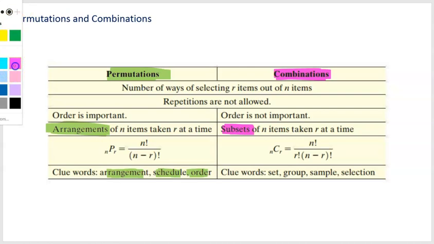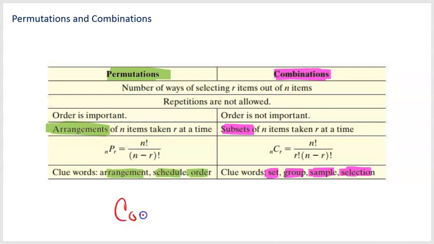For combinations, keywords are a set, a group, a sample, or a selection. And Sonia wanted to select, you know, maybe you could use that. Really, you just have to understand the problem to decide. And again, if you throw that extra thing in there I talked to you about, a combination lock is not a combination.